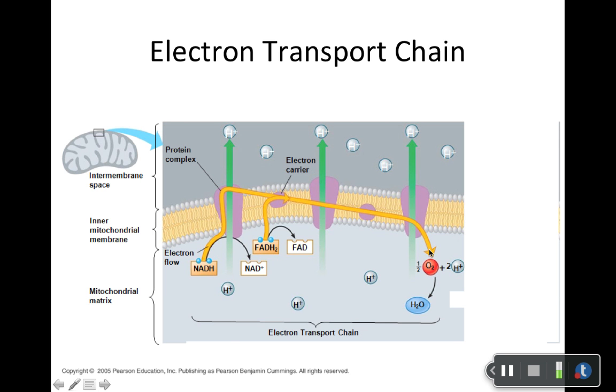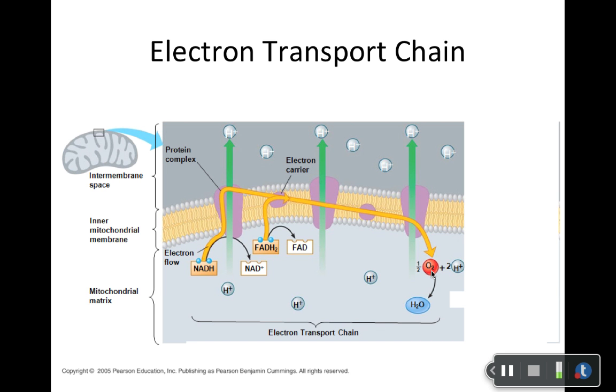The final electron acceptor is oxygen, and oxygen is combined with those electrons and hydrogen ions to generate water. The whole process is called aerobic respiration. When we think about respiration, we usually think about breathing, how our lungs take in oxygen and expel carbon dioxide.